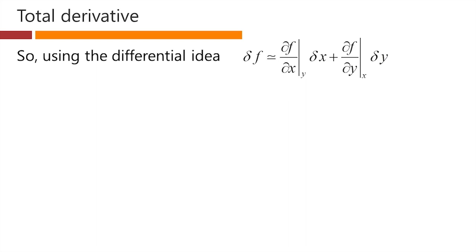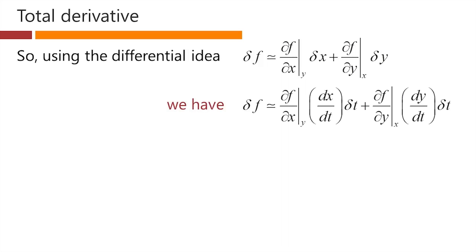So, using our differential idea, we're going to substitute in for the delta x and the delta y what we know from our velocities and the amount of time that has passed. So, our delta x was our velocity in the x direction times delta t, and our delta y was our velocity in the y direction times delta t.